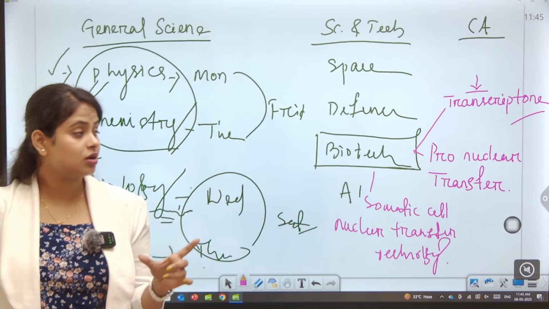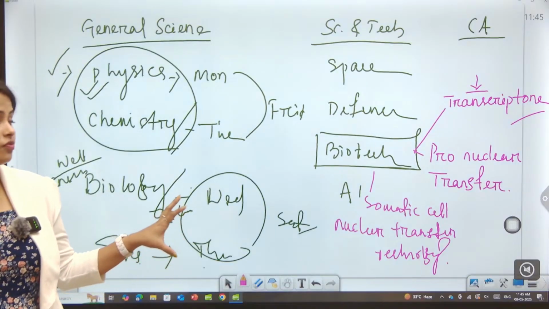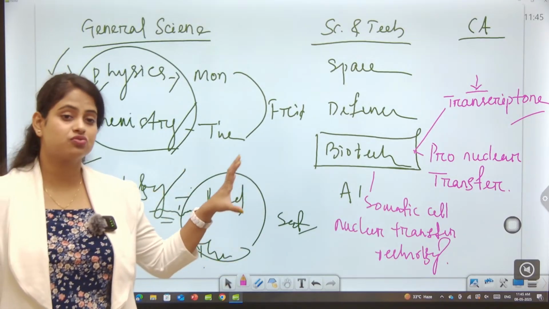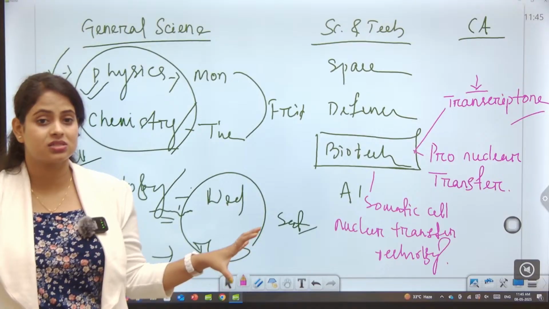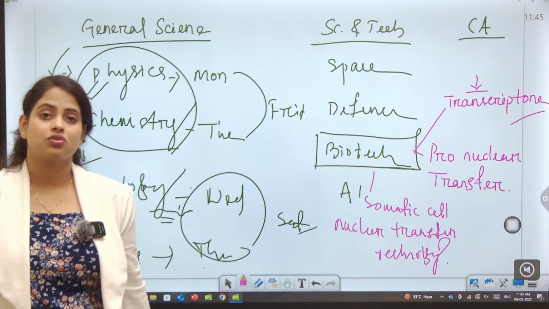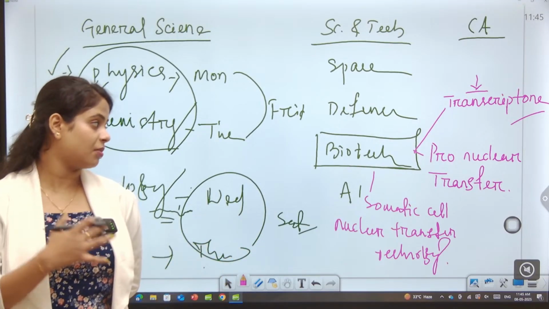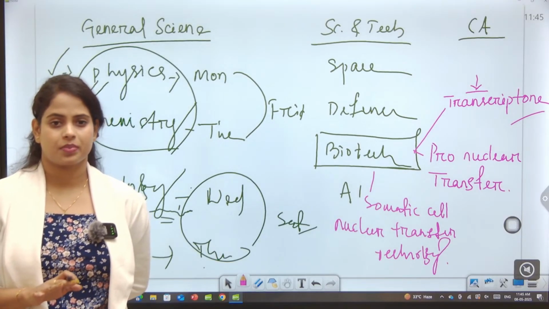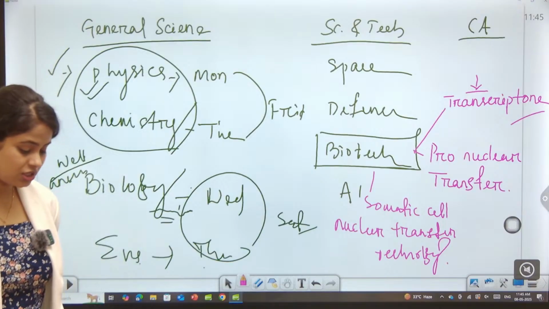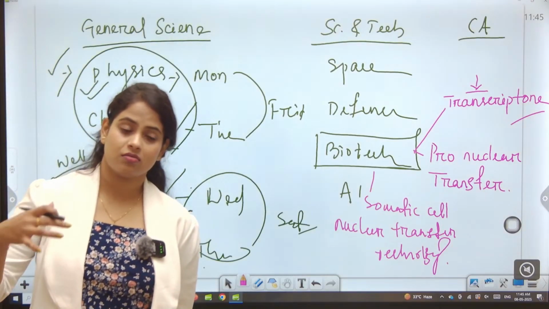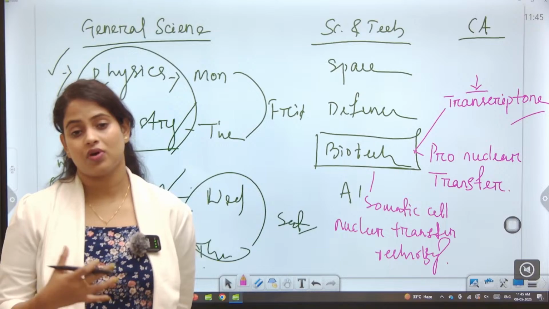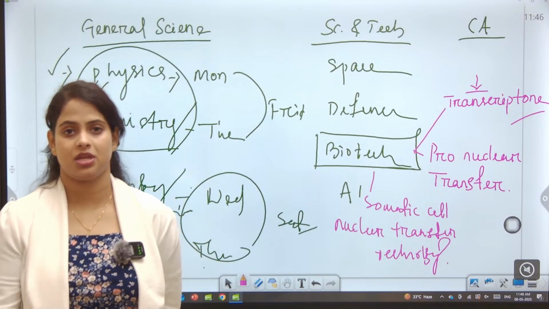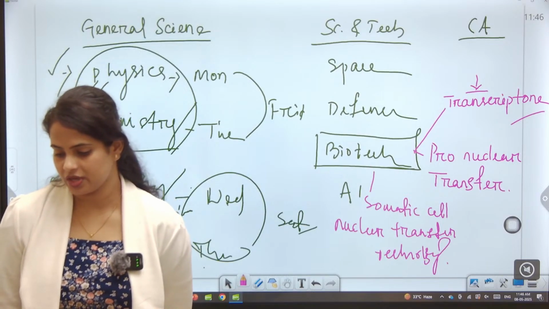But if you do not know the actual technical words, then the preparation is going to be very tough, not only for science and tech but for other topics also. So stay focused on what you are reading and the meaning of the words, then your preparation will be very easy.